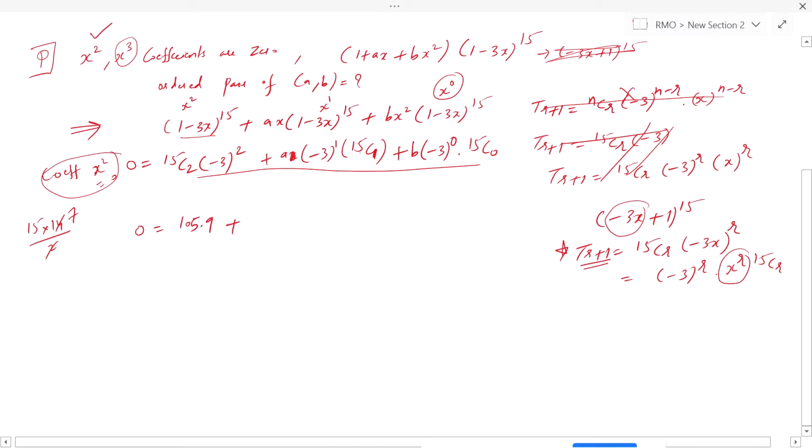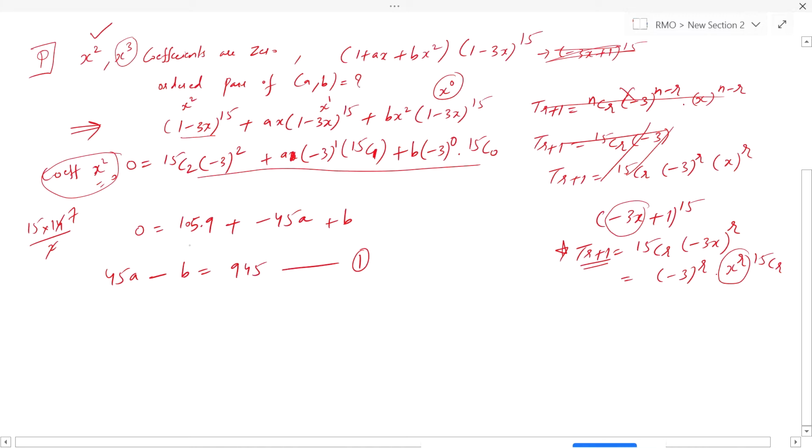Then this will be 15c1 is 15, so minus 45a. And this will be 0, 1. 15c0 is 1, so plus b. So we got this equation: 45a minus b equal to 945. This is equation 1.